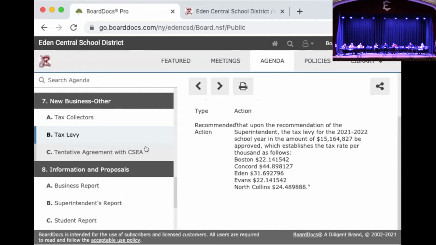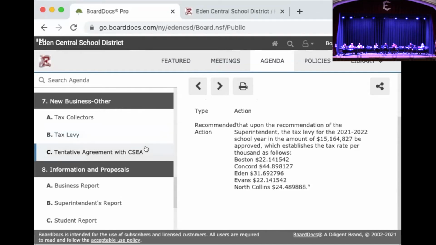Concord, $44.898127. Eden, $31.692796. Evans, $22.141542. North Collins, $24.489888. Second. Any discussion? All in favor? Aye. Any opposed? Any abstained?